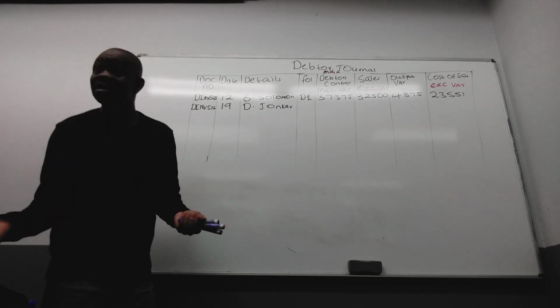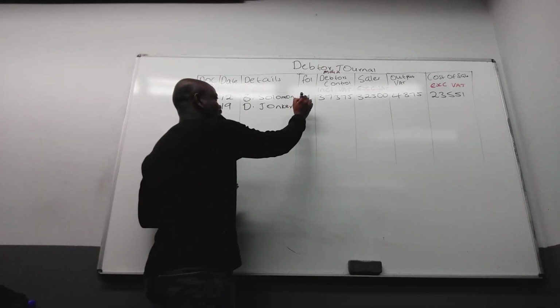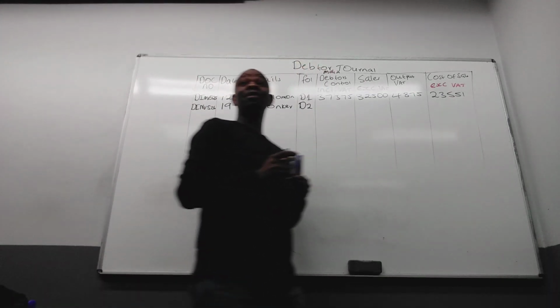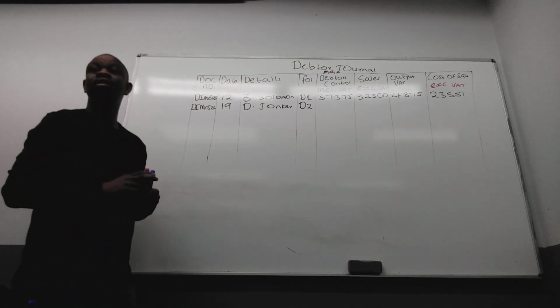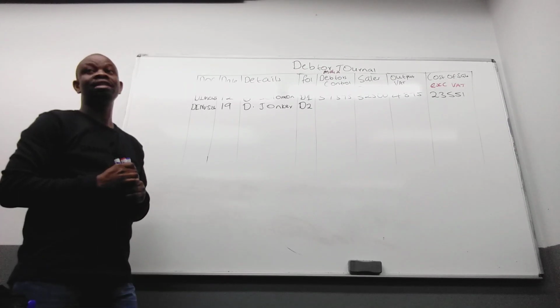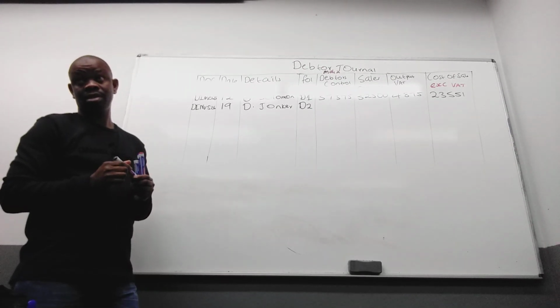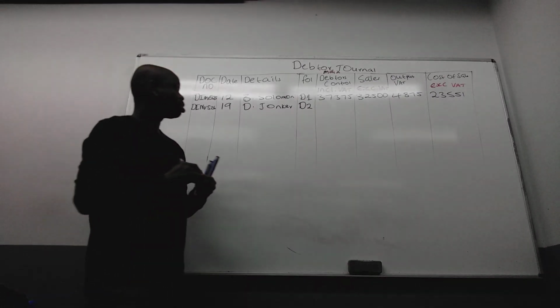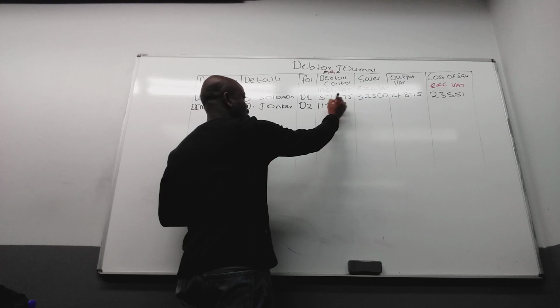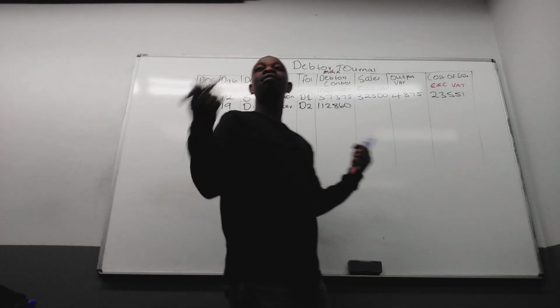Then folio D2. How much is the amount? 112,860. So this is the sale given to us.